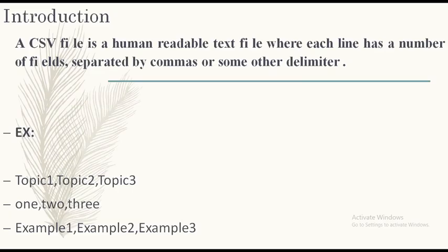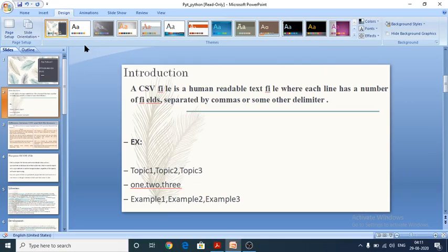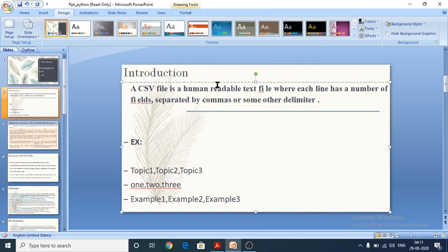So, introduction: a CSV file is a human readable text file where each line has a number of fields. That is known as a CSV file. So this is an example of a CSV file.